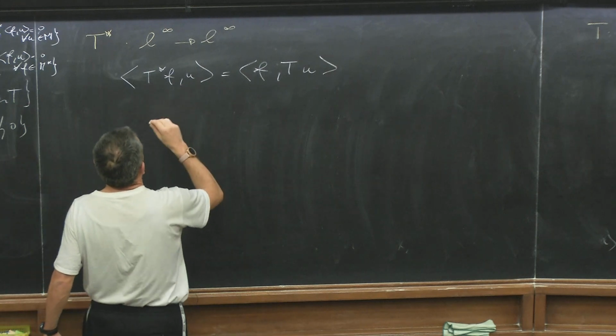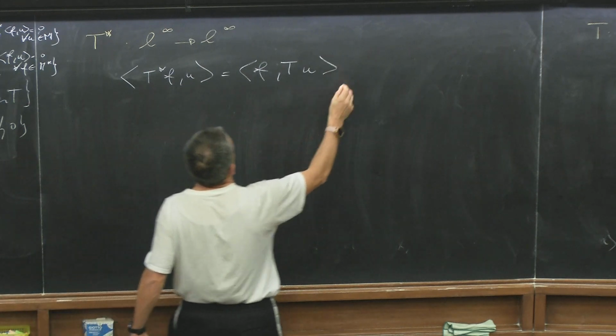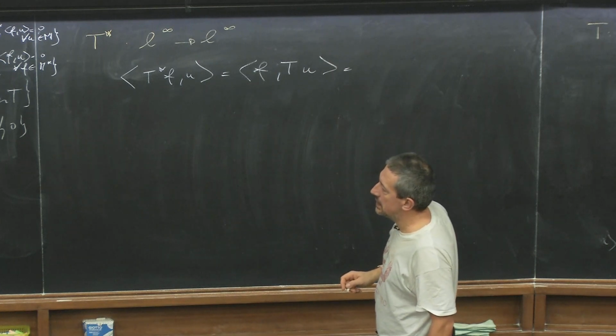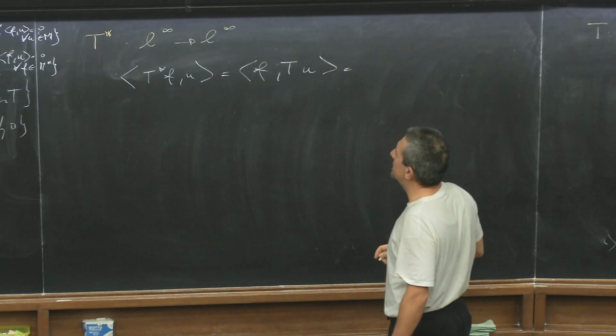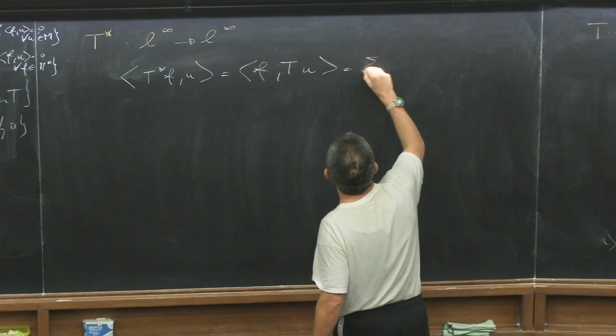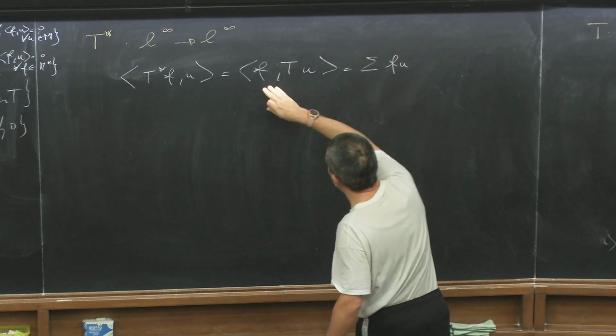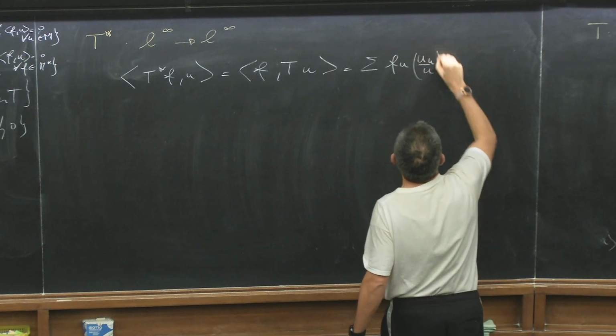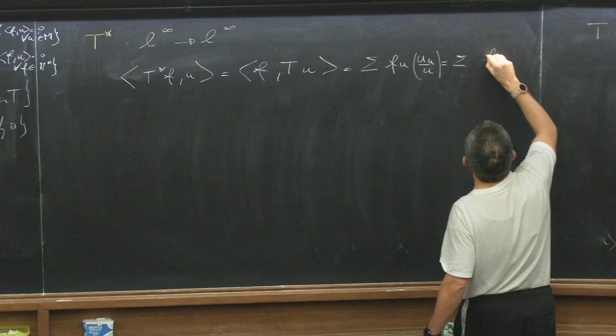So T star has the same form. T star F equals Fn over n, that sequence. Yes, because this is the sum, by definition of the dual product, of Fn Un over n, which I write like the sum.